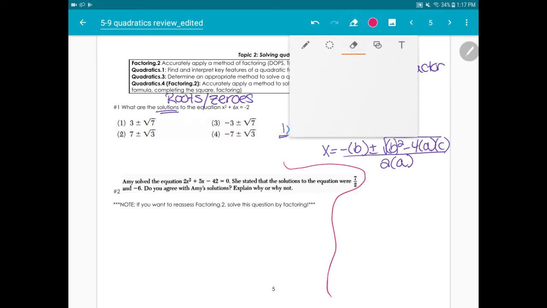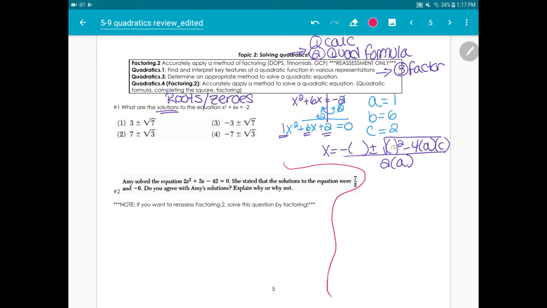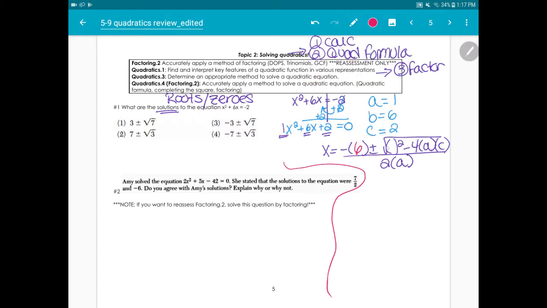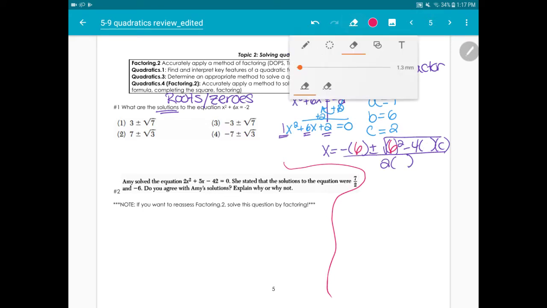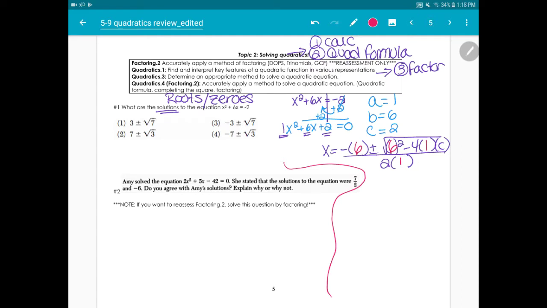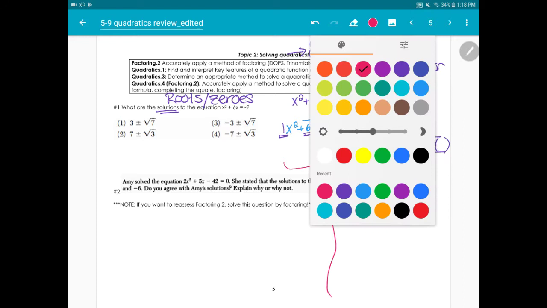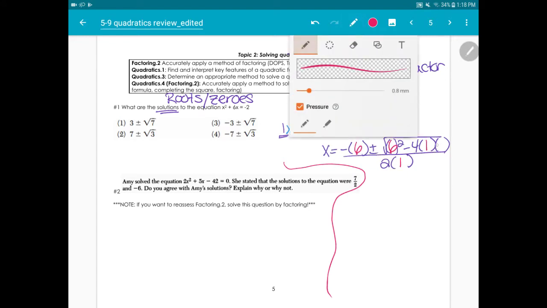Instead of the b, I'm going to replace that with the number for b, which in this case is 6. Instead of a, I'm going to replace that with my number for a, which in this case is 1. And instead of c, I'm going to put the number 2.